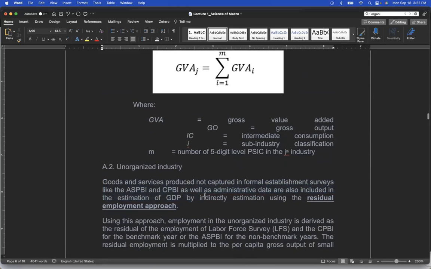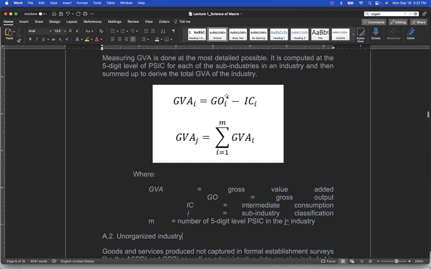Okay. So what's important here in these equations is that they use yung establishment surveys, which are annual, and they use that to calculate GVA, GO, and IC.